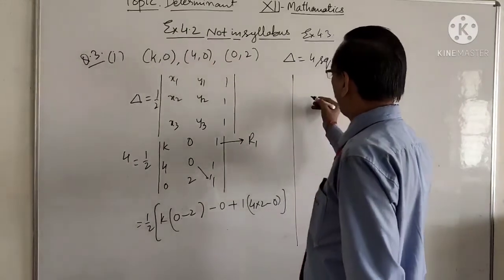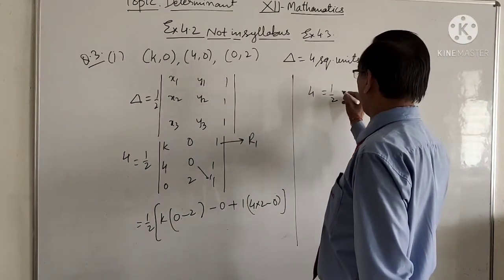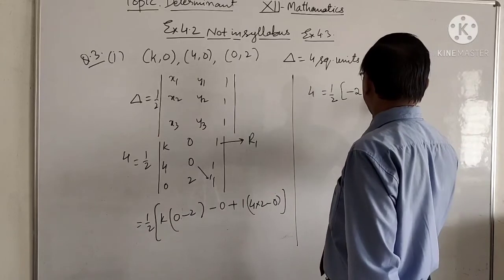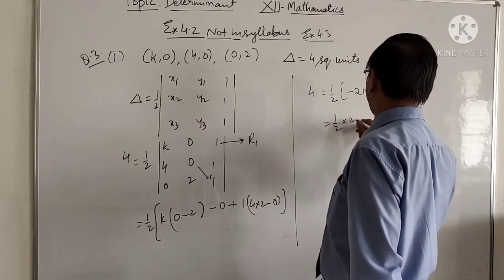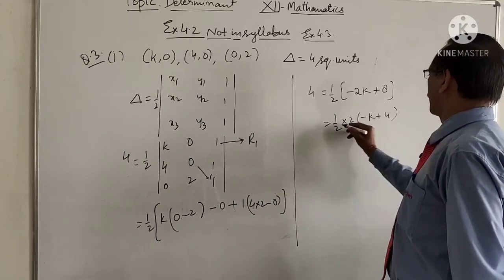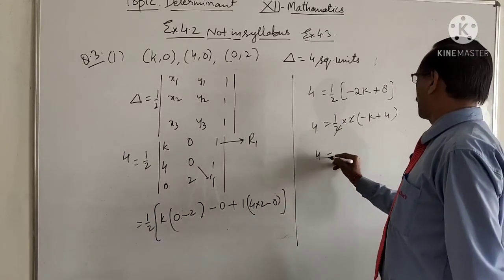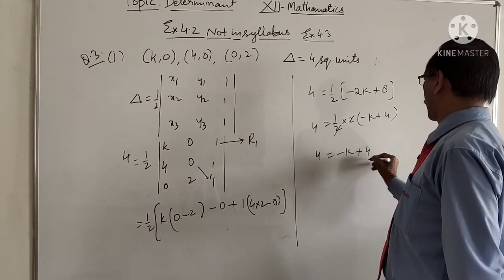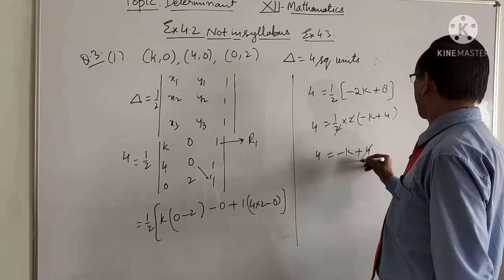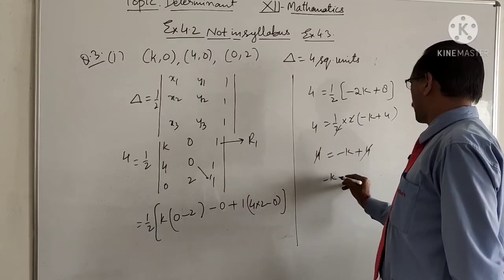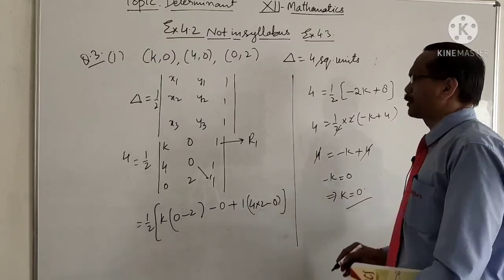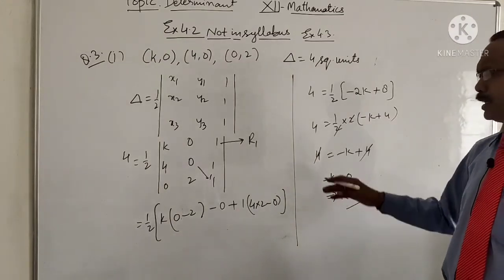Then 4 equals 1 upon 2 into minus 2k plus 8. 2 common, it is minus k plus 4. 4 cancels 4. So minus k equals 0, which implies that k equals 0. So the value of k is 0 for the area of the triangle.